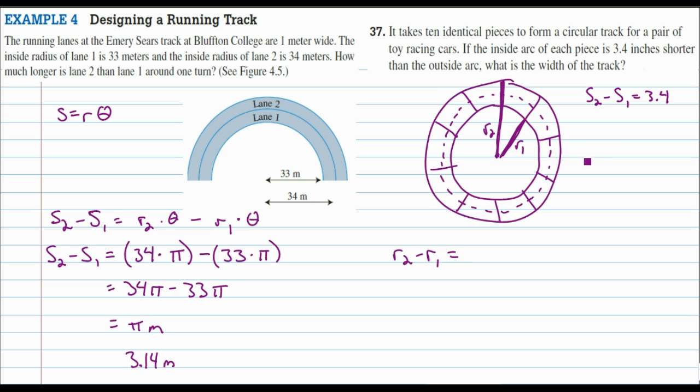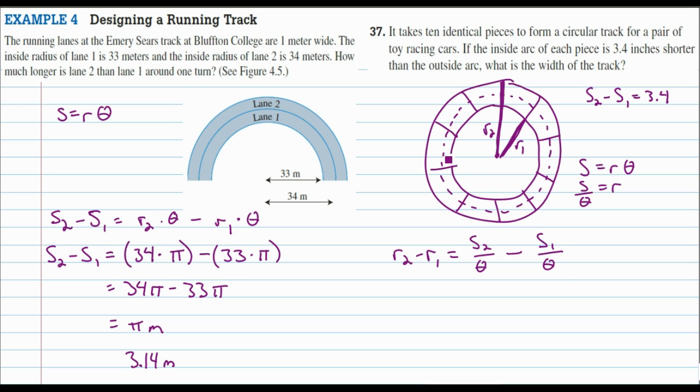Well, the arc length formula says that S equals R times theta. If I solve for R, I can use R2 in an expression on the other side of the equal sign here. So R is S over theta. So R2 is going to be S2 over theta, and then R1 is going to be S1 over theta.